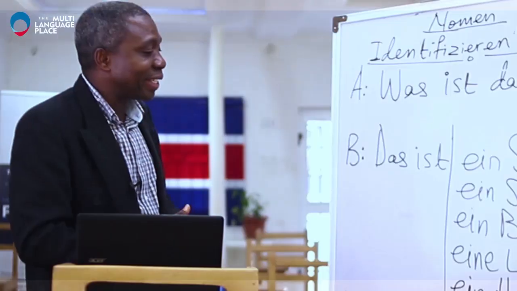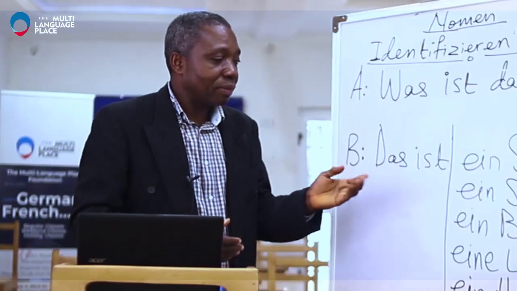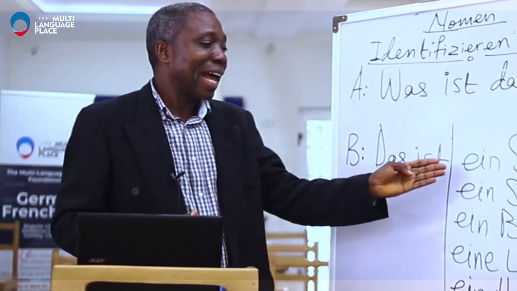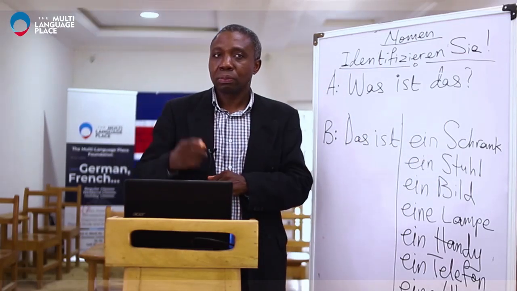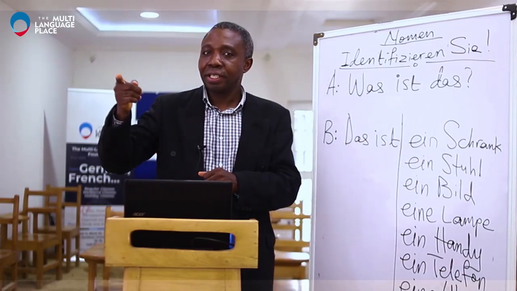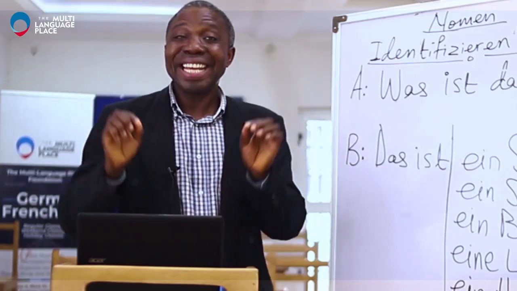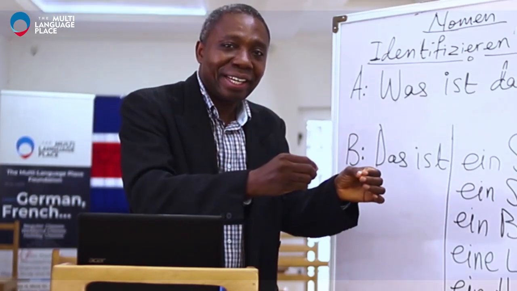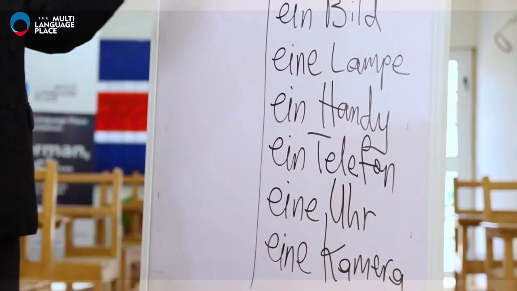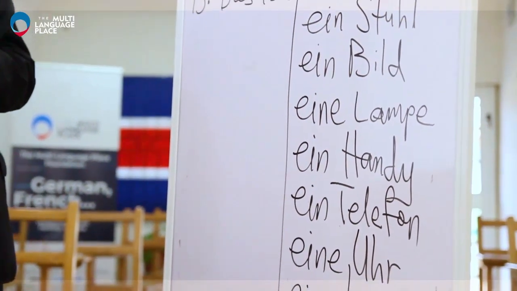Okay, the answer is, Das ist, the first one, Das ist ein Schrank. Remember, definite article: der, die, das. Indefinite article: ein, eine, ein. So we have the three here.